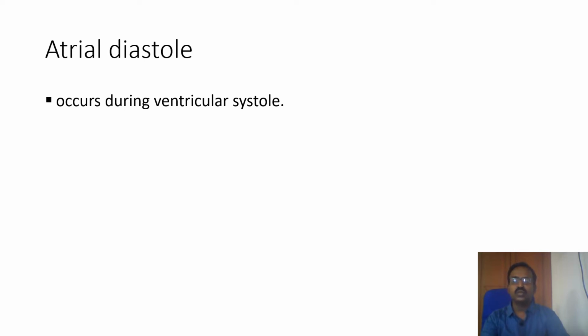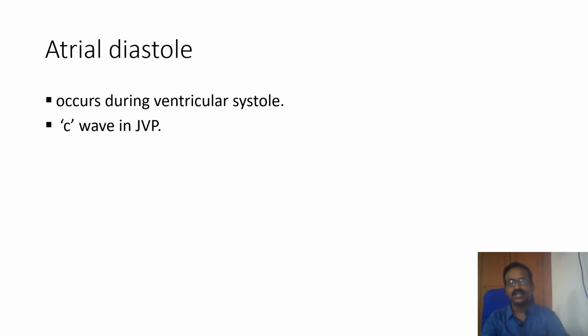Atrial diastole occurs during the ventricular systole, coinciding with the ventricular systole. During the ventricular systole, bulging of the atrioventricular valve into the atrium produces the C wave in the jugular venous pulse.